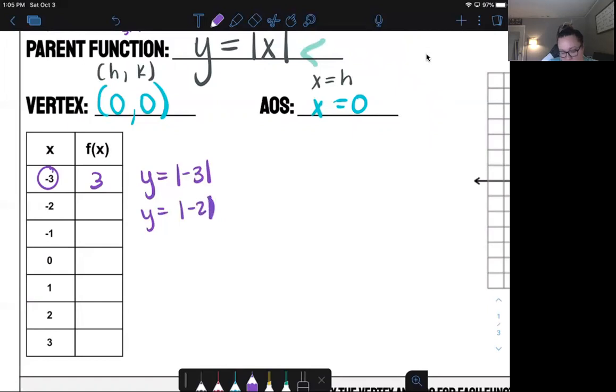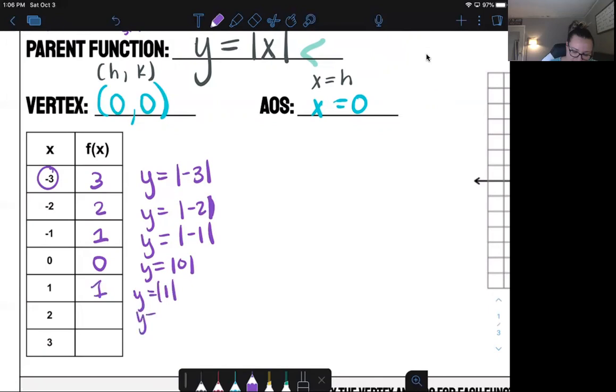The absolute value of -2 is 2. Let's do the same thing for -1. The absolute value of -1 is 1. The absolute value of 0 is 0. The absolute value of 1 is 1. The absolute value of 2 is 2. The absolute value of 3 is 3.